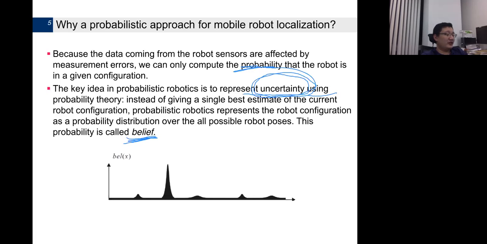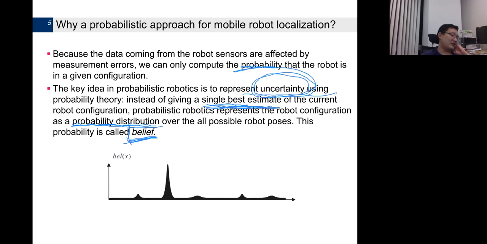Instead of using a single best estimate, finally you have a probability distribution. We don't want a single best estimate. It's not good enough, not helpful because you have so much uncertainty. That's why we use a probability distribution.